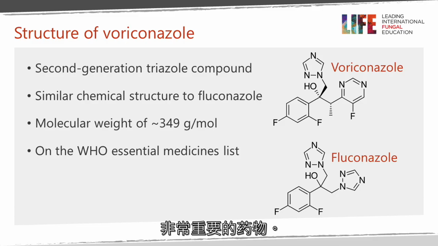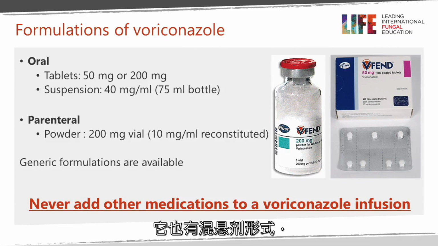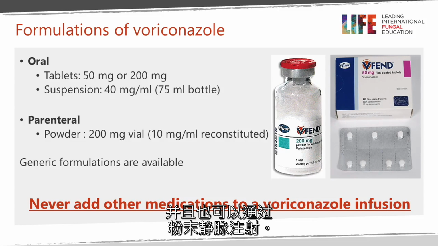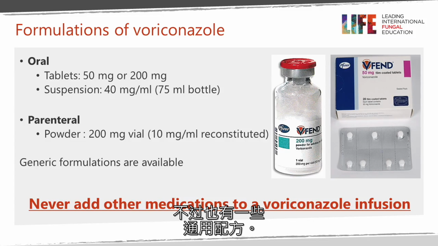and chronic pulmonary aspergillosis. The drug comes as tablets, typically 50 or 200 milligram strength, but it can also come as a suspension for oral use, and it is also intravenous through a powder. And there are some generic formulations available, although the original product is the one made by Pfizer.